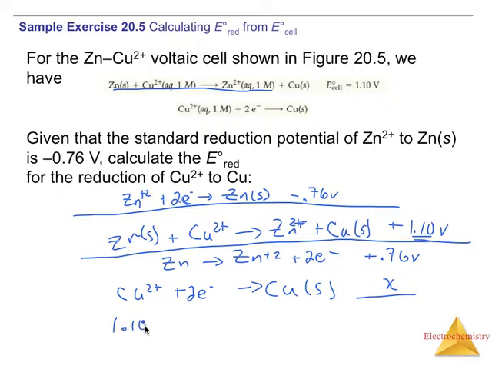So 1.10 volts is going to be equal to 0.76 volts plus X. Solving for X, we get a positive 0.34 volts, which is the answer. And that's how you would use standard reduction potentials with a redox equation to calculate potentials.